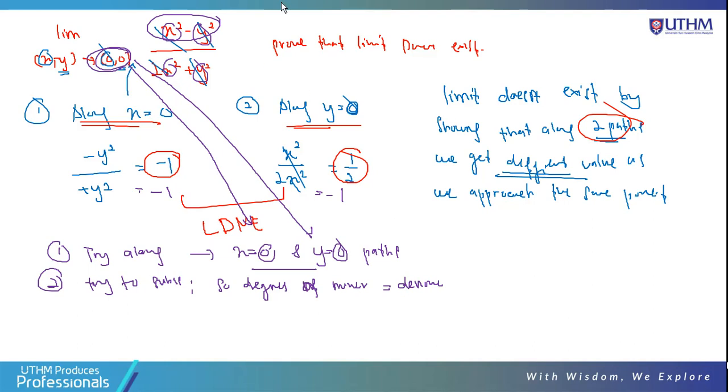Let's say this one is power of 2 and that one is power of 2, no problem. Let's say the numerator is power of 1 and the denominator is power of 2, so you try to substitute the x or y to make sure the degree is the same. Okay, this is the first and second step.